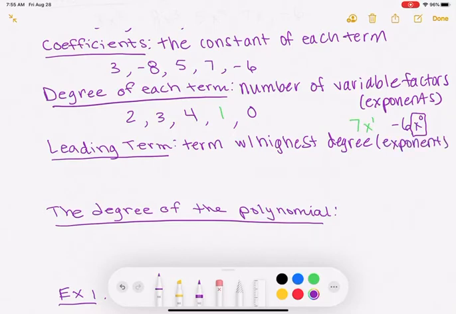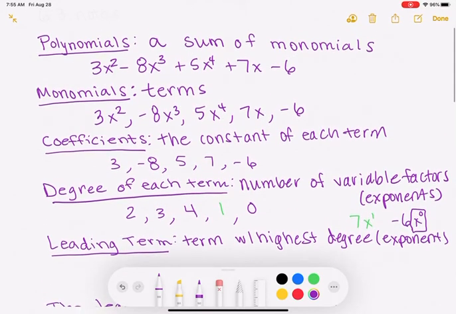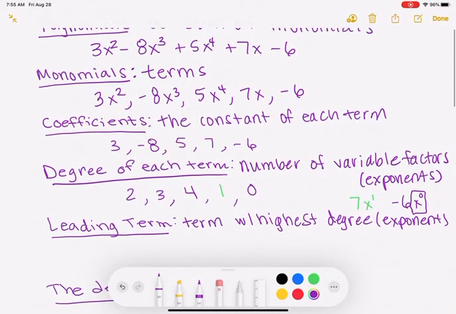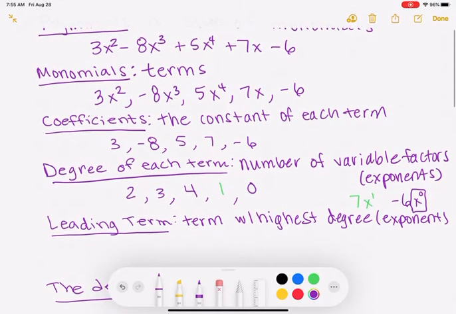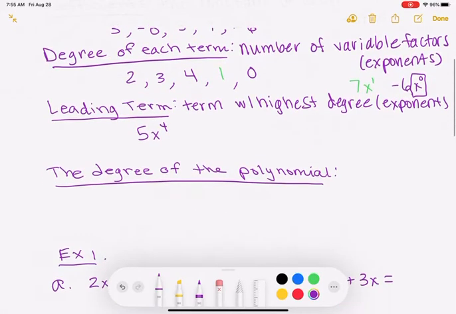So we look through all of our terms in that polynomial and find the term that has the highest degree, the highest exponent. The whole term is 5x to the fourth, so that is our leading term in that polynomial.